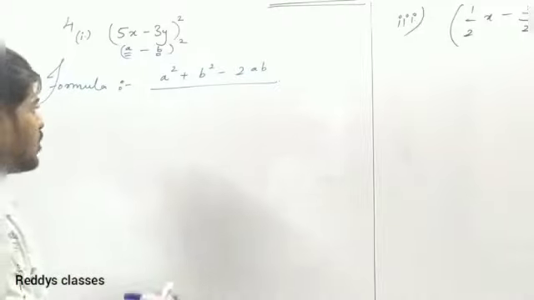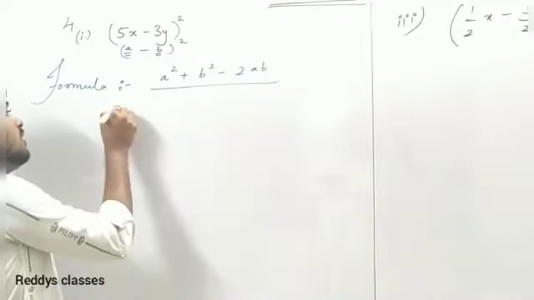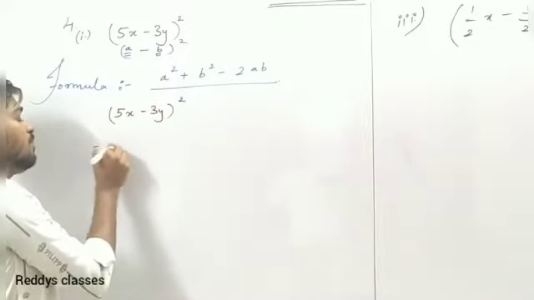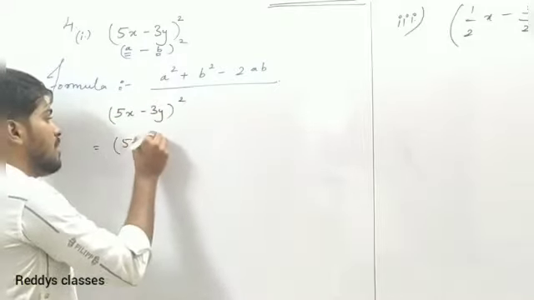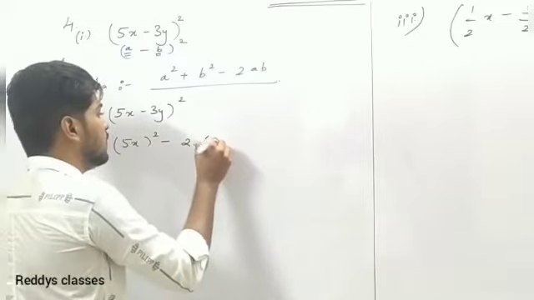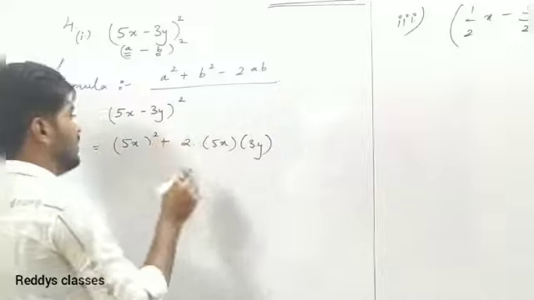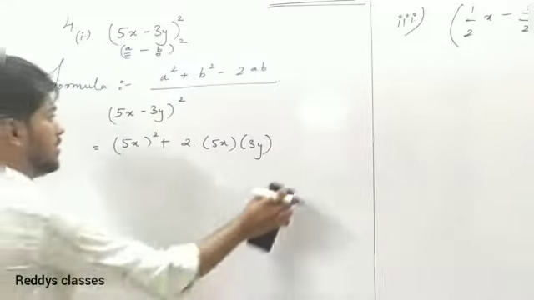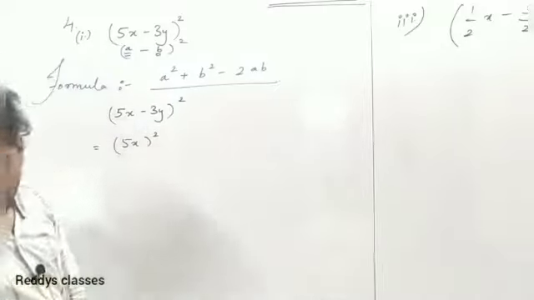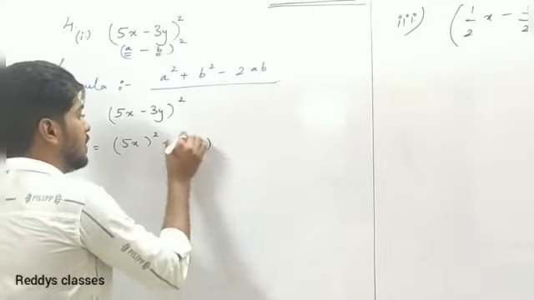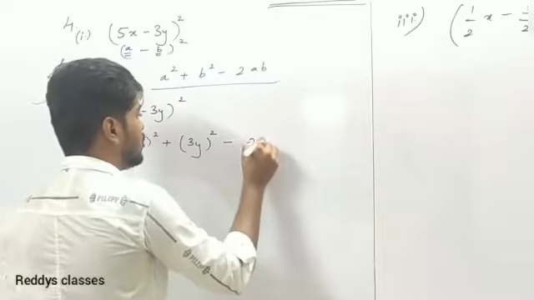So let us start solving it. The equation is (5x minus 3y) the whole square. This is a square plus b square minus 2ab. Sorry, I wrote the equation in a different manner.